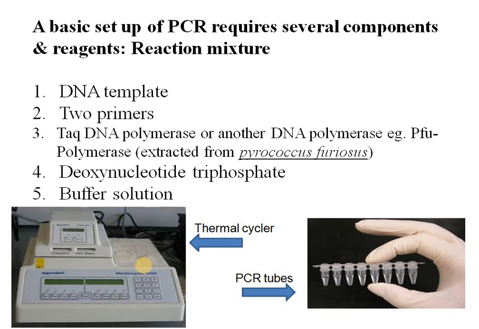So DNA template, 2 primers, and the third one is your enzyme. Which kind of enzyme? Either Taq DNA polymerase, obtained from Thermus aquaticus bacteria, or Pfu DNA polymerase, obtained from Pyrococcus furiosus. Then the fourth ingredient of your reaction mixture is nucleotides: adenine, guanine, thymine, cytosine, the 4 nucleotides, because DNA is a polymer of nucleotides.